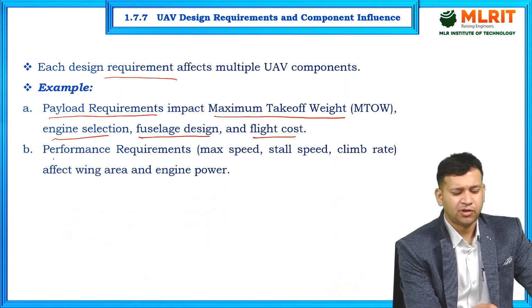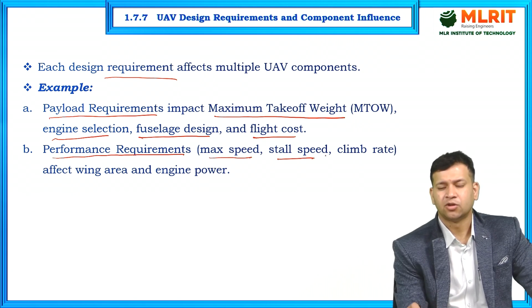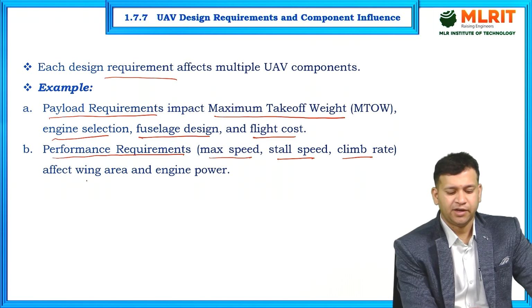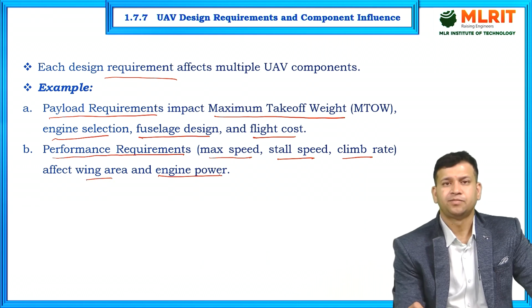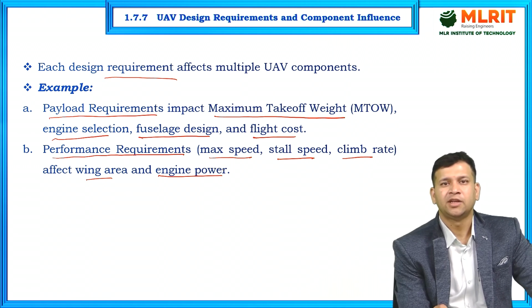A second example is performance requirements, for example max speed, stall speed, climb rate. Stall speed and climb rate will directly affect your wing area, and max speed will directly affect the engine power.